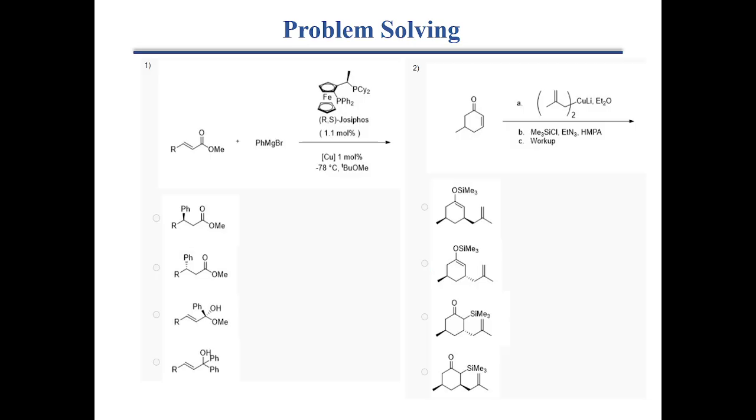Now I'm going to discuss some problems. First, this alpha beta unsaturated ketone in the presence of phenyl magnesium bromide, this phosphine compound and copper, what would be the product? So first, PhMgBr in the presence of copper forms the Gilman-type reagent, PhCuMgBr.